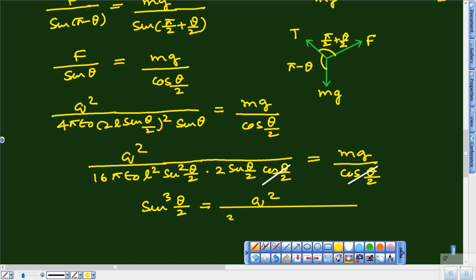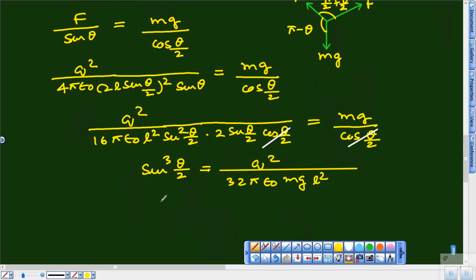That is 32 pi epsilon naught mg L square. I cube root it and I get the answer.